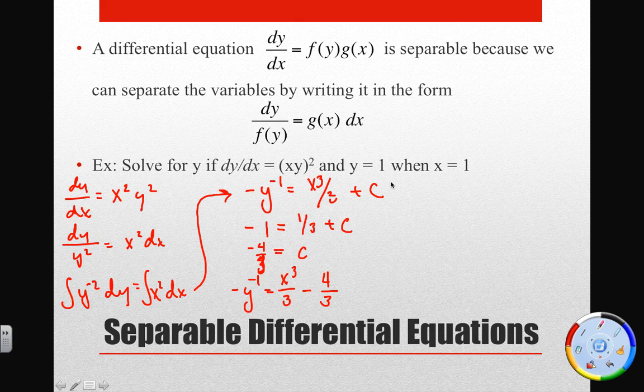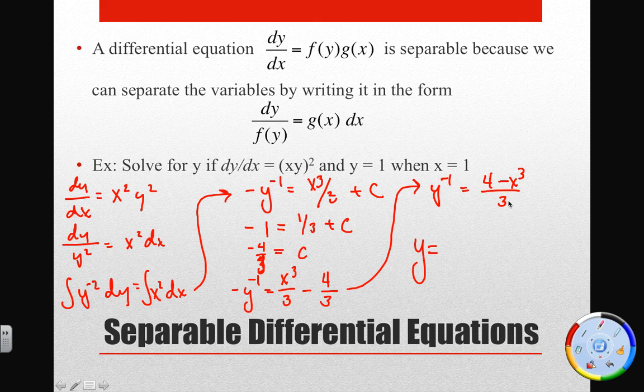Okay, if I get rid of the negative, I can say y to the negative 1 is equal to 4 minus x cubed all over 3. But we can't keep this negative 1 in our problem. I am going to take the reciprocal of both sides.